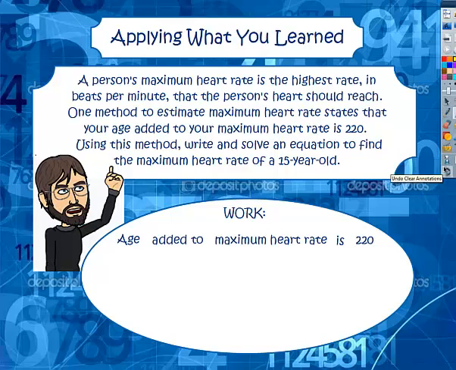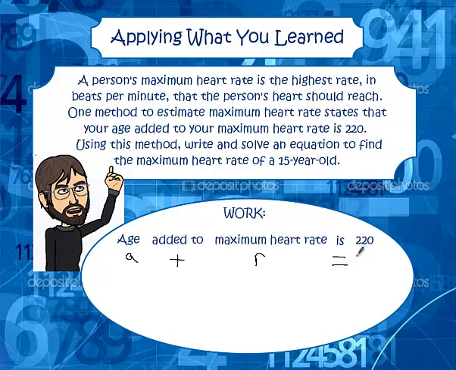So let's say we're going to call the age just A. Added to simply means plus. The maximum heart rate, let's call that R, R for rate. Is, whenever we see is, we mean equals.